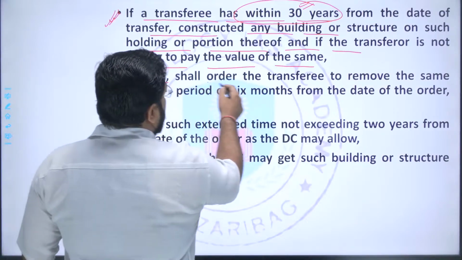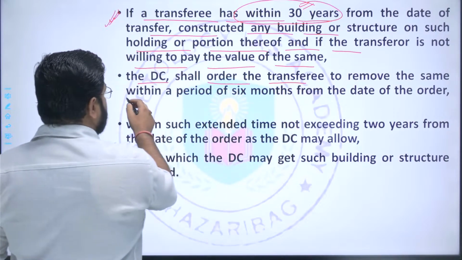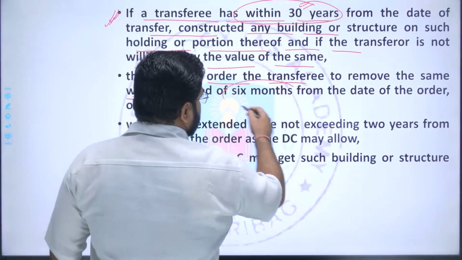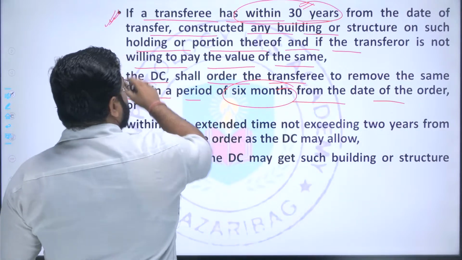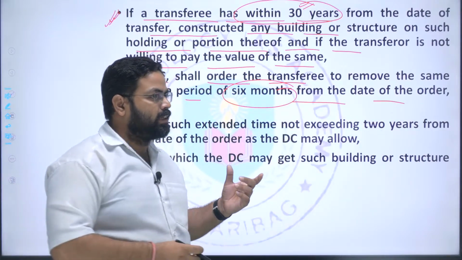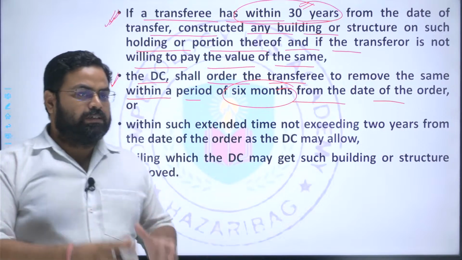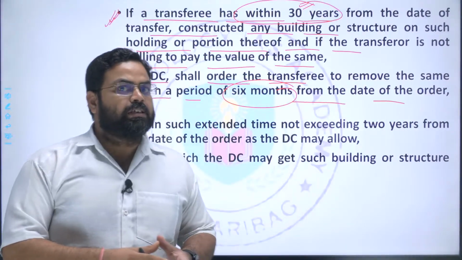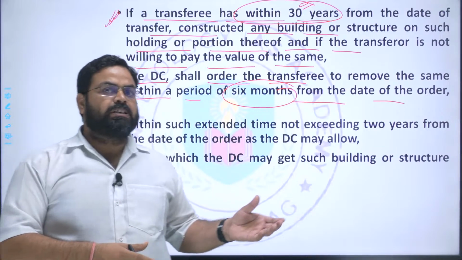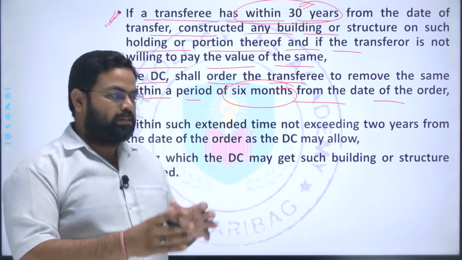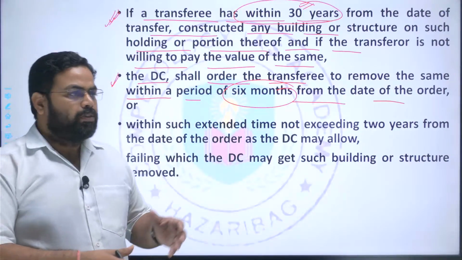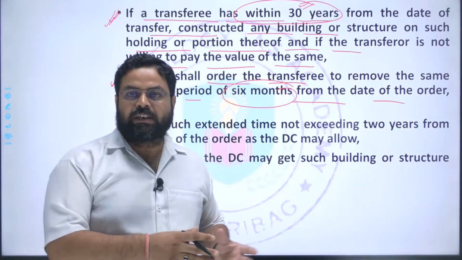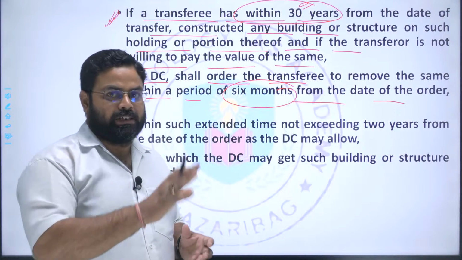The DC shall order the transferee to remove the same within a period of 6 months from the date of the order of eviction. First of all, the DC has the option that he will order the transferee that you will get the compensation, and he will order the transferor that you should pay this much of money to the transferee for his construction work, what he has erected on your land, and you can take it.